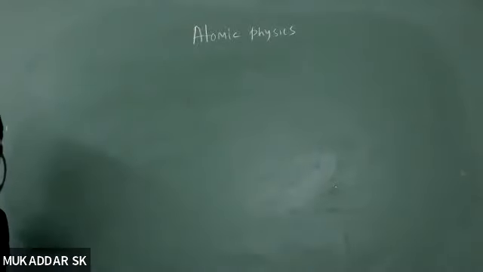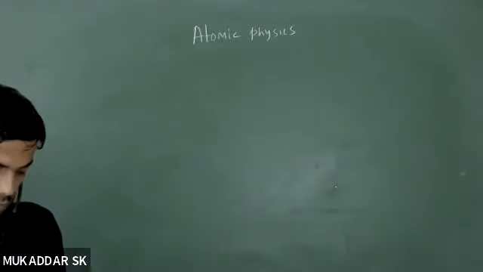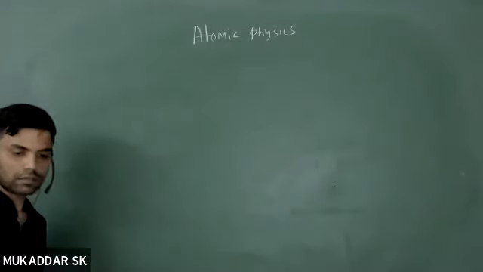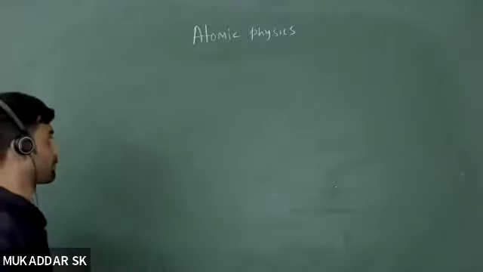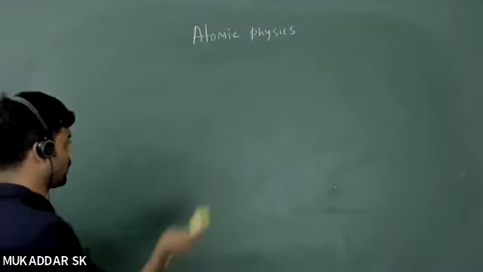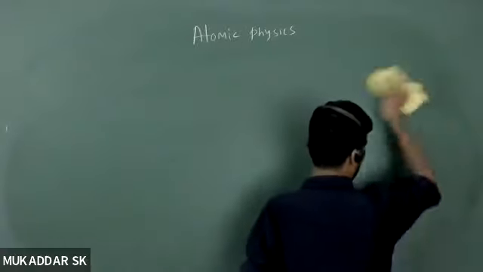सर, इस चैप्टर से क्या क्या रिमेम्बर करना है? हाँ मैं बताता हूँ आपको। इस चैप्टर से स्पिन ऑर्बिट कपलिंग के साथ Z का क्या रिलेशन है, वो सबसे ज्यादा इंपॉर्टेंट है। ठीक है। और कुछ याद करने की जरूरत नहीं है, जस्ट जो इंटरेक्टिंग हैमिल्टोनियन है वहां से स्प्लिटिंग कैसे करते हैं, जिस तरह की प्रॉब्लम मैंने करवाई आपको वही इंपॉर्टेंट है। एक चीज इंपॉर्टेंट है आपको याद करने की, स्पिन ऑर्बिट कपलिंग के साथ Z की प्रोपोर्शनलिटी, Z की पावर 4, वो बहुत इंपॉर्टेंट है। ठीक है। और प्रॉब्लम जिस तरह की मैंने आपको करवाई, I think you enjoyed. This type of question will come exactly in that exam.